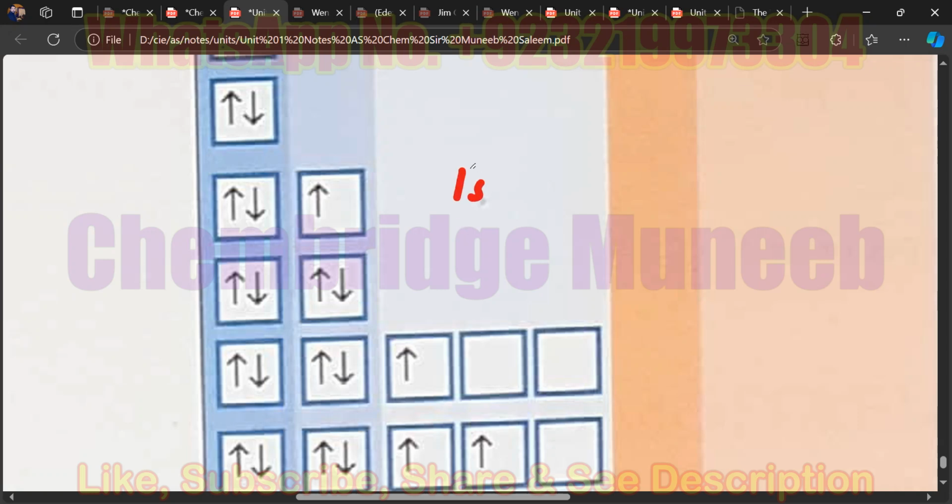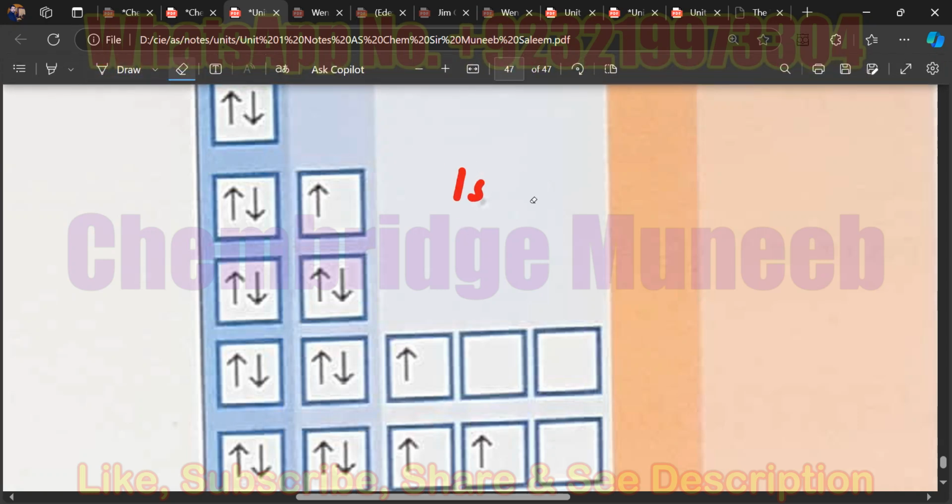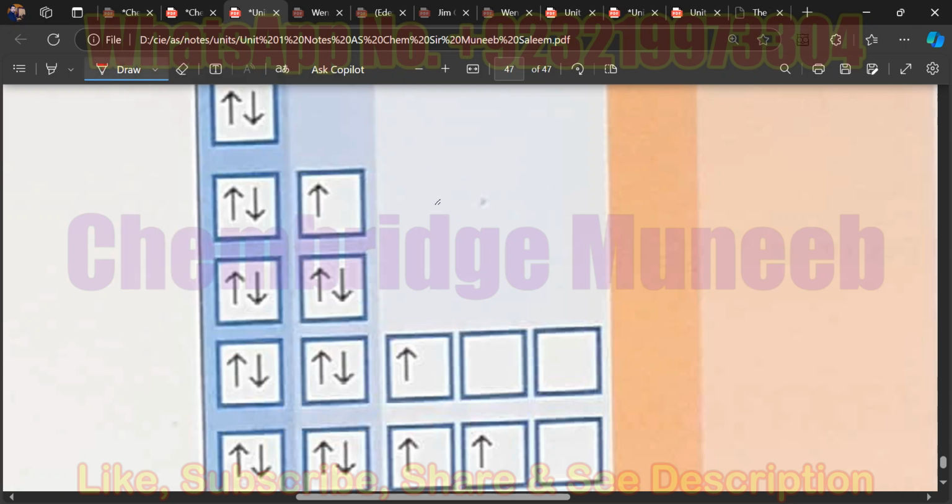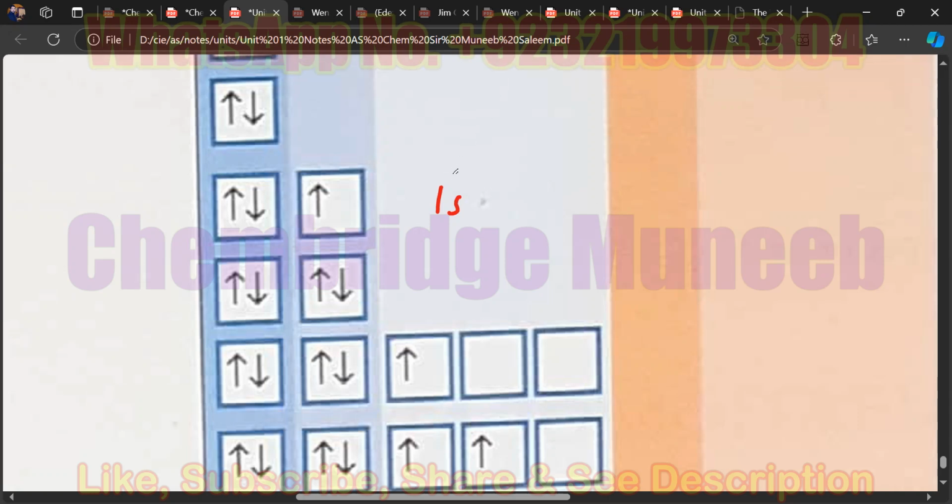Basically the electrons are filled according to this order. First you will write 1s, and you will put an arrow here, so 1 electron has been filled in 1s.